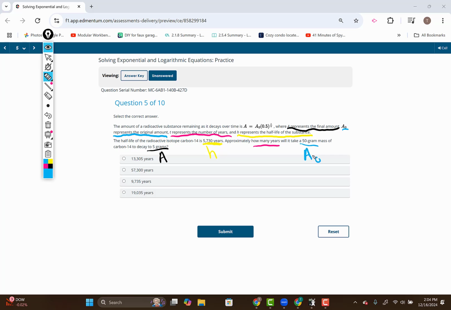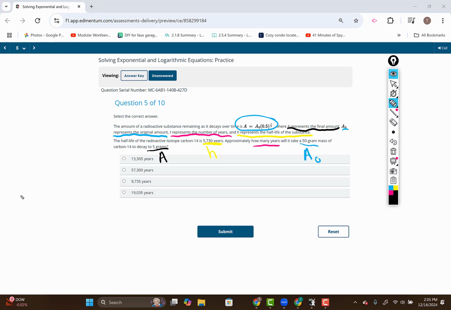I'm going to take all those and insert them into this formula. So that's going to be 5 equals A sub 0, which is 50, times 0.5 raised to the T power, which I do not know, over 5,730.